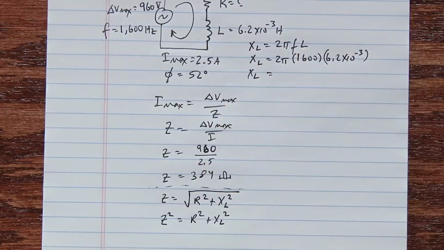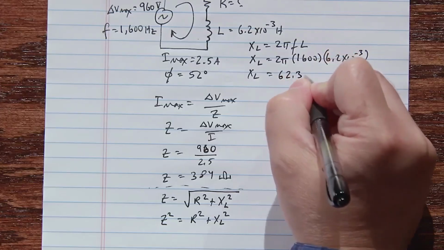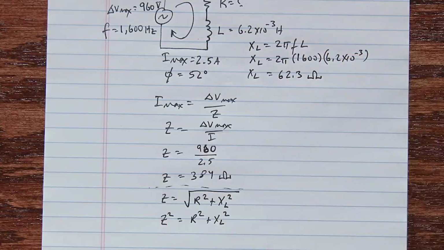So what does that give us for X sub L? 2 times pi times 1,600 times 6.2 times 10 to the minus 3. That gives us 62.3 ohms of inductive reactance. So X sub L is 62.3.